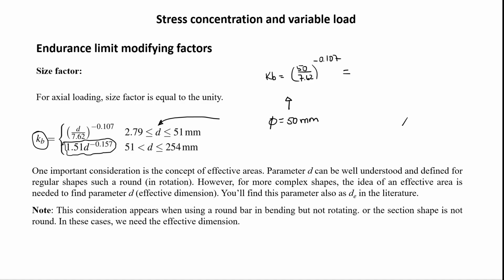I'm just going to do it because now it interested me. So 50 divided by 7.62, and I'm going to raise that to the power of negative 0.107. Imagine that: 0.82 if I round it up to the second decimal. 0.82.